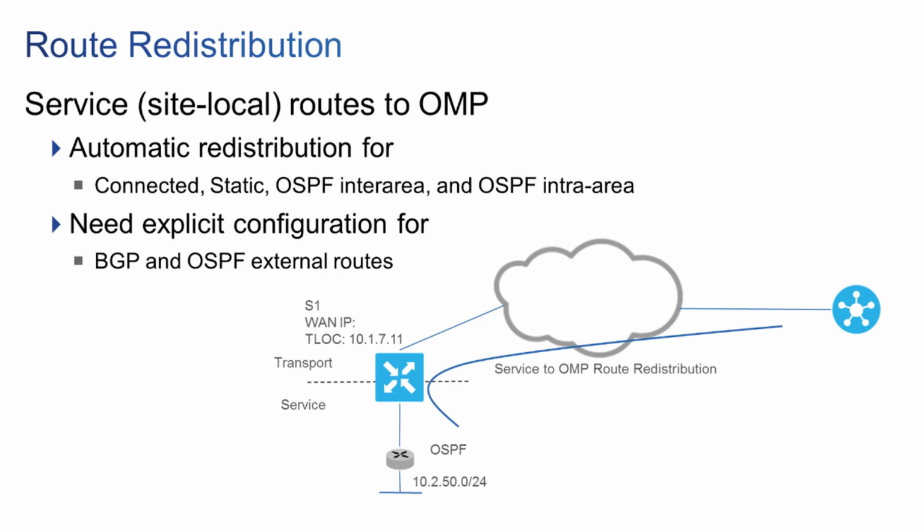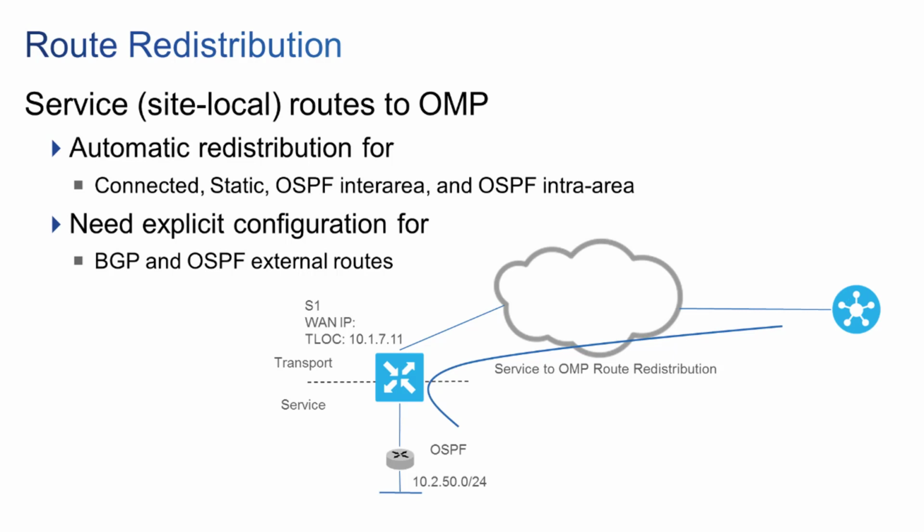All right. Now, the route advertisements themselves have a lot of different variables, and I'm not going to go through this again in detail because we went through this in the previous lesson. So if you want to go back and review that, feel free. But we have the TLOC information, we have the origin, we have the originator, we have the preference, we have the service, the site ID, the tag, and the associated VPN.